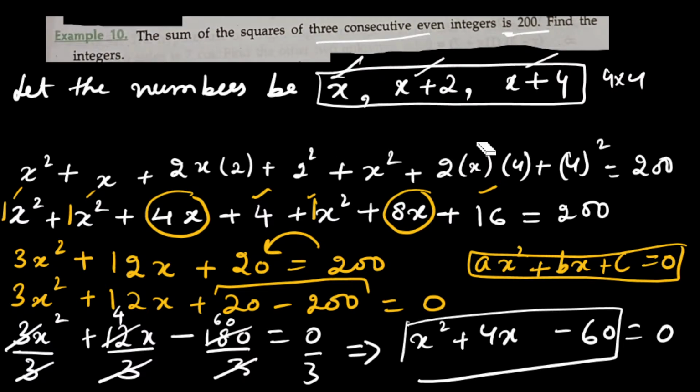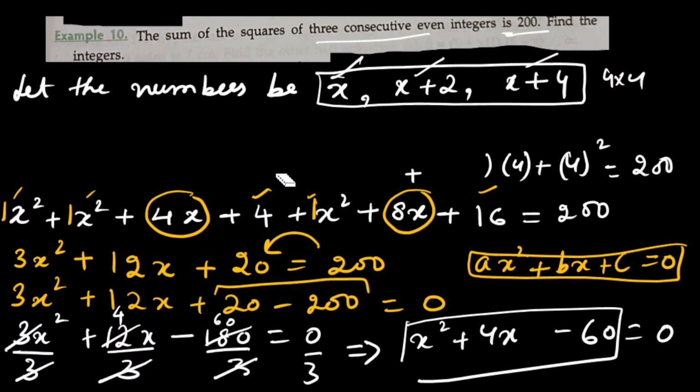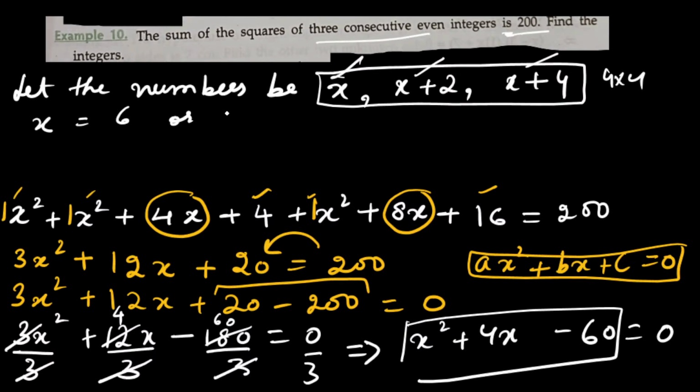So three numbers, like Shivashankar has answered the value of x. So I'll just tell you here, the x value you will get after solving the equation is 6 or minus 10. So you have to find the value of x plus 2 also. What will be the value of x plus 2?